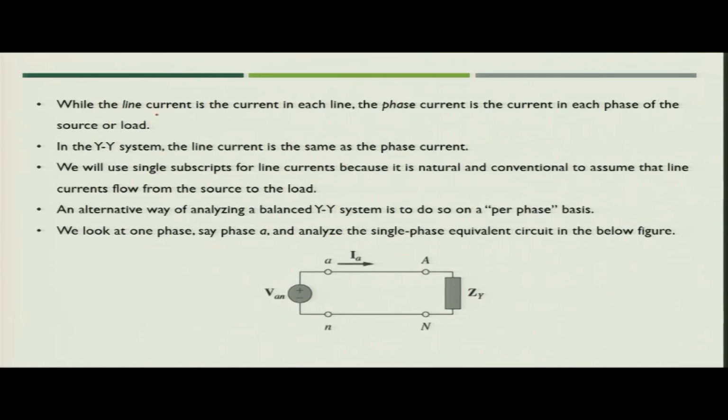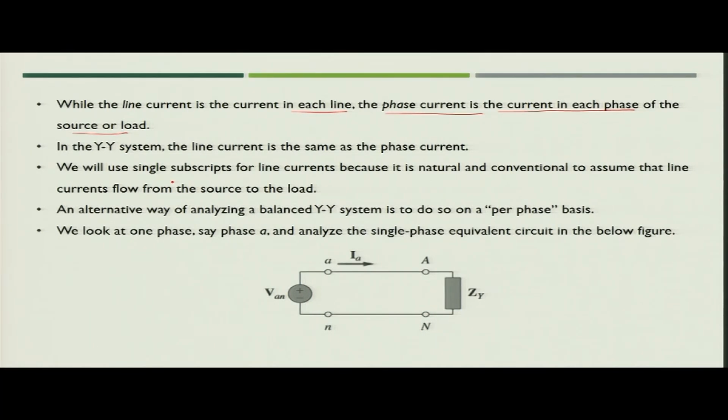Now, while the line current is the current in each line, the phase current is also the same in this case, because phase current is the current in each phase of the source or load. And when we talk about the YY connected system, we will see that the line current is the same as the phase current.